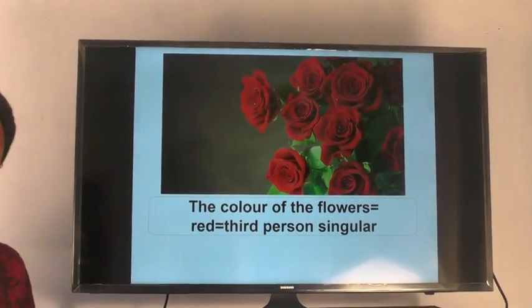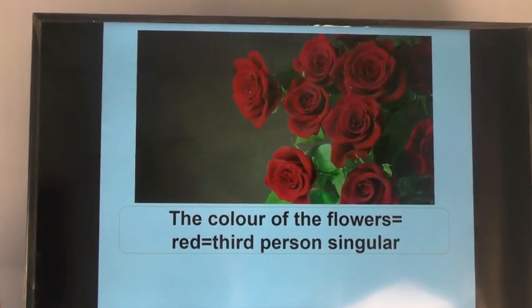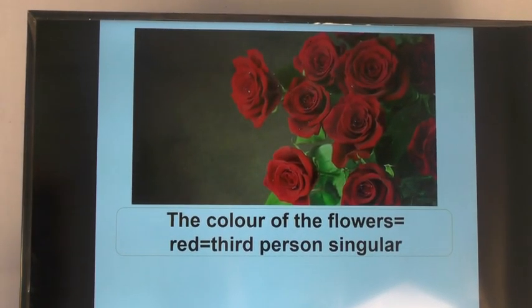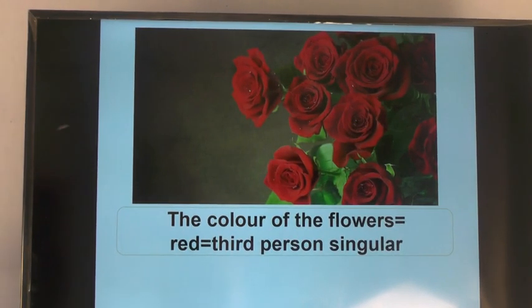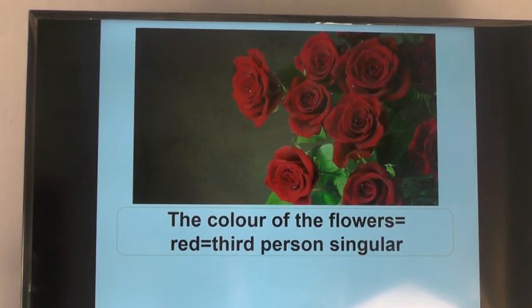Flowers are plural. The word flowers is a plural one, but the color of the flowers, this is not plural, this is singular. Why? Because of the word color, and you know the meaning. If you see the picture, then you will get the idea that only one color is there, and that is red.